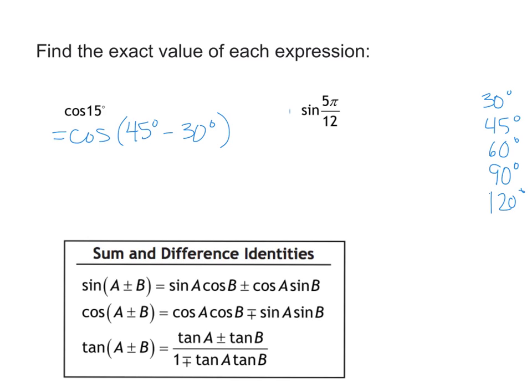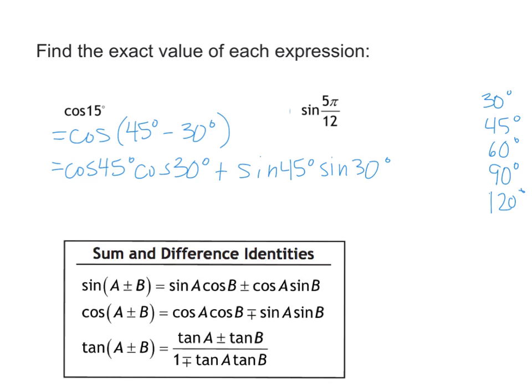So we need to look down here, cos A minus B is equal to cos A cos B plus sine A sine B. So this is equal to cos 45 cos 30 plus sine 45 sine 30. Sorry, what did you say? Thought it was minus. It's a difference here, so we're using this subtraction, we're using the bottom one.